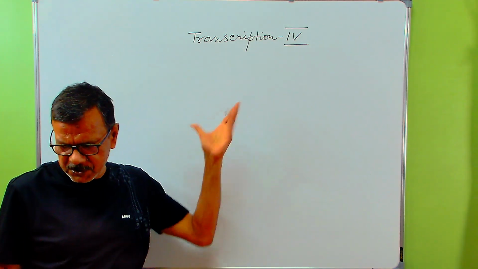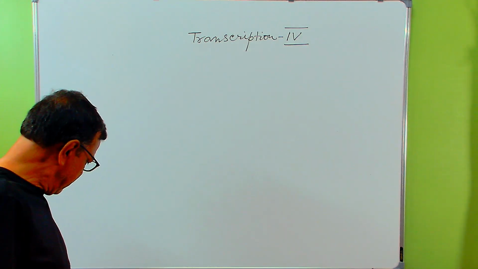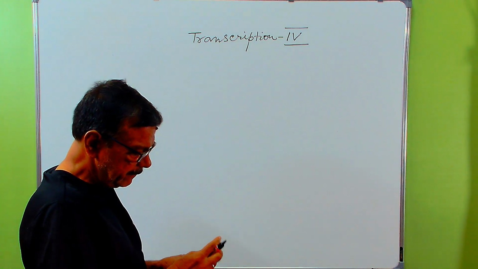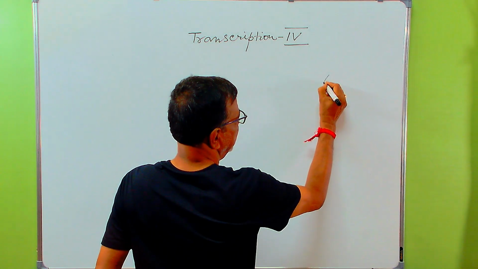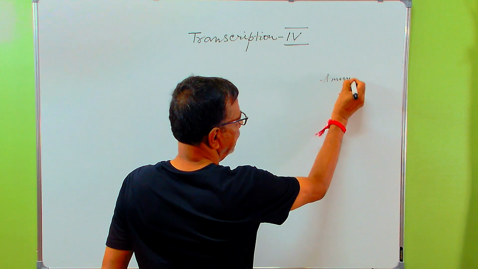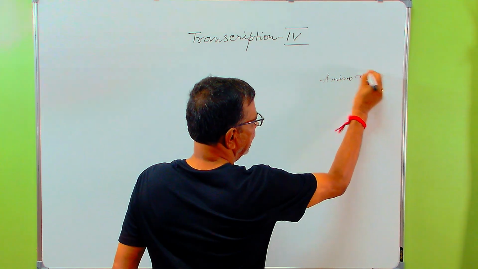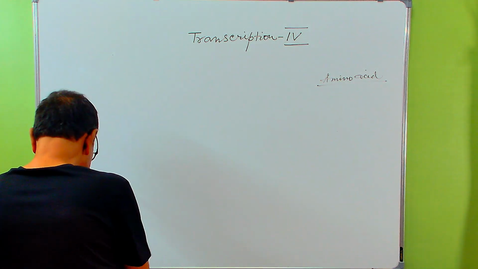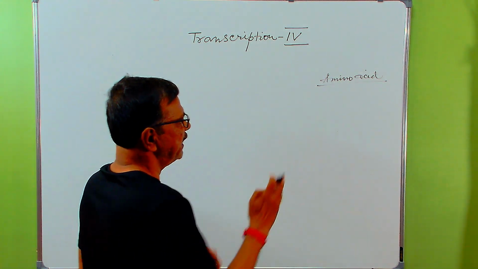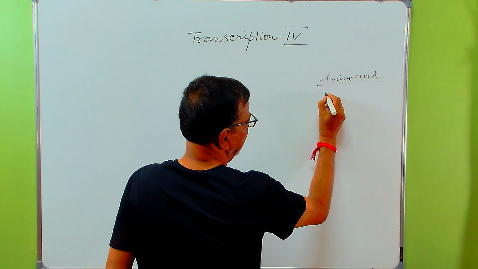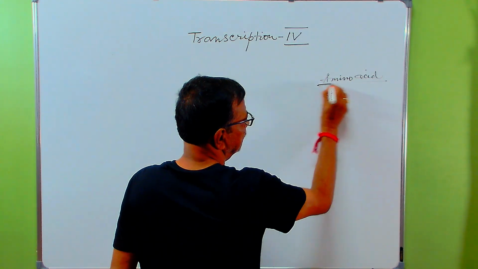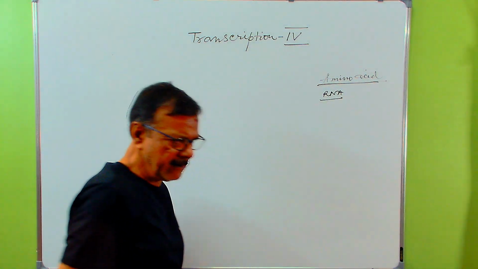So before starting transcription 4, we have completed the other things, that is amino acids. We have completed how the amino acids are there, and then we have completed mRNA, RNA, all RNA, amino acid, RNA.